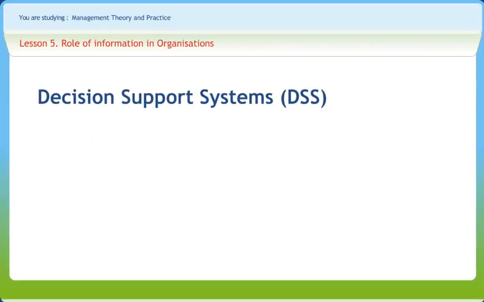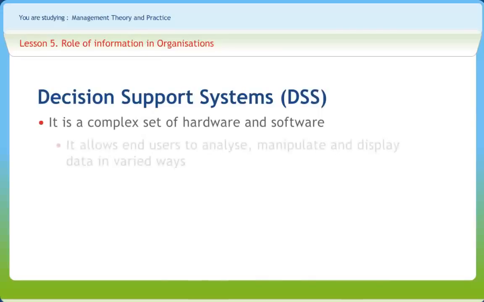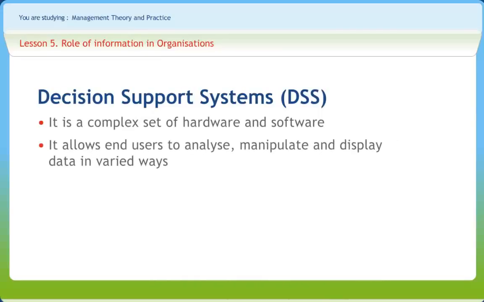A decision support system, or DSS, is a complex set of computer hardware and software that allows end users, who are usually managers and professionals, to analyze, manipulate, format, display, and output data in different ways.